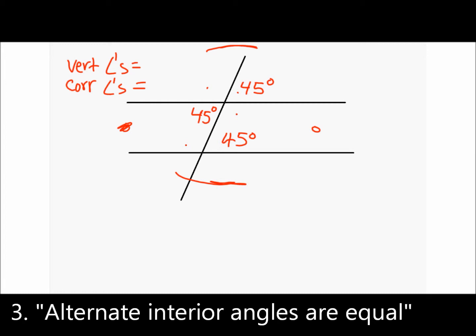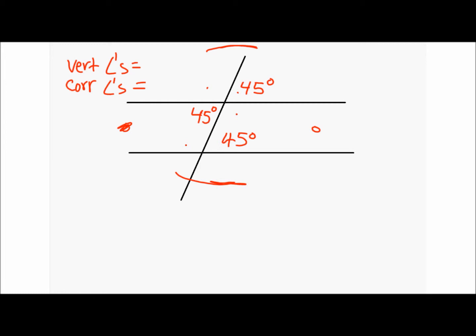So I know, and it's obvious here, these both are 45, and if we knew what this is, it's equal to that. Alternate interior angles are equal.